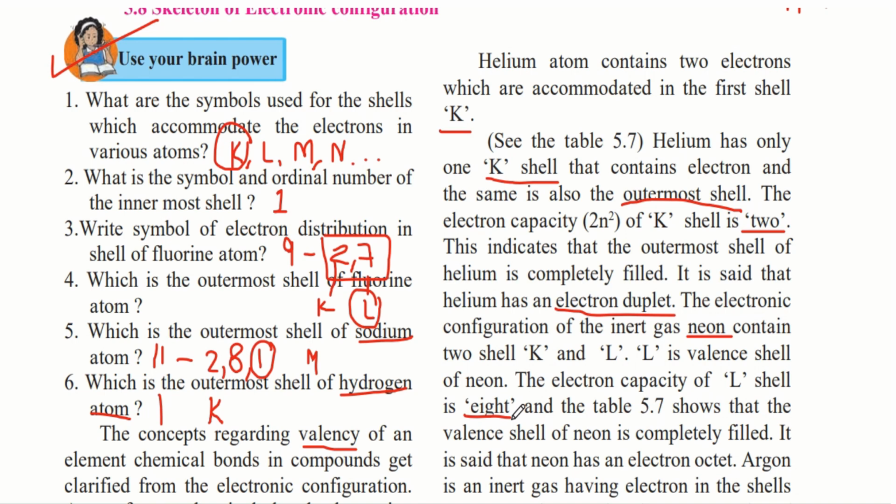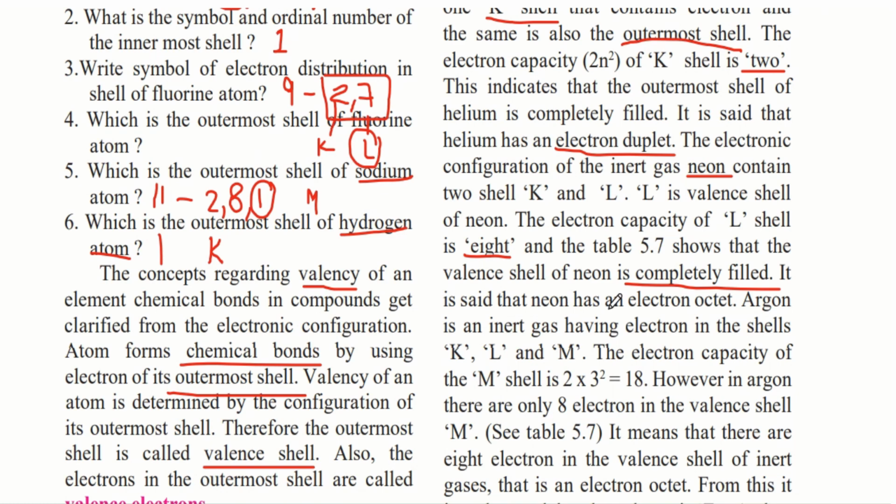So here also neon has an L shell which contains all the 8 electrons. Therefore the valence shell also is completely filled. It is said that neon has an electron octet. Octet is when there are 8 electrons in the shell. Therefore it is called as electron octet.